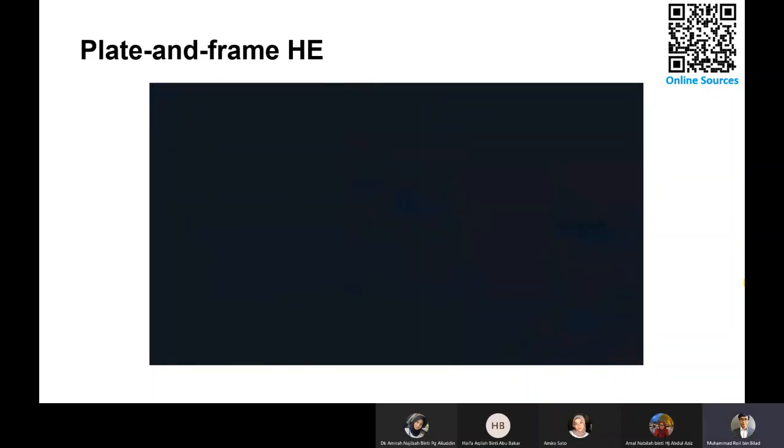Another thing is that in the corner of the slide, I put some QR codes. Some of the material I got from YouTube, so it's easy for you to go and explore more about the information.